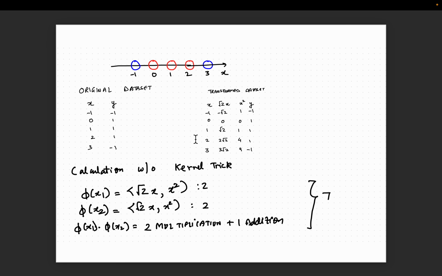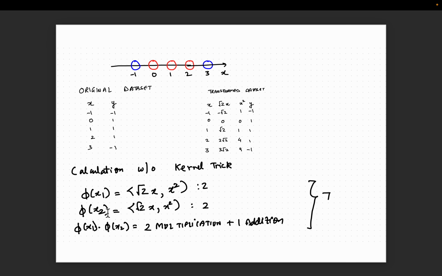So if we apply this transformation and we do not use the kernel trick, first we find out phi of xi. How many multiplications does that require? We have an x1. We have to calculate phi of x1. How many calculations does that require? 2. The first calculation is root 2x and the second calculation is x squared.